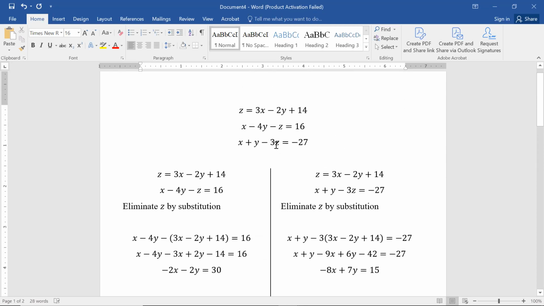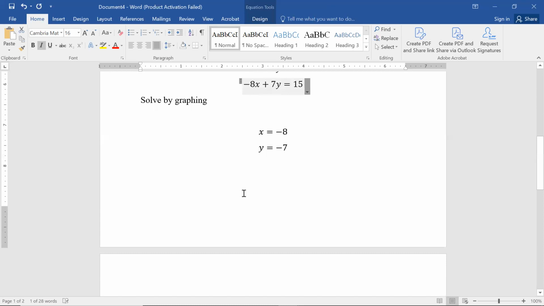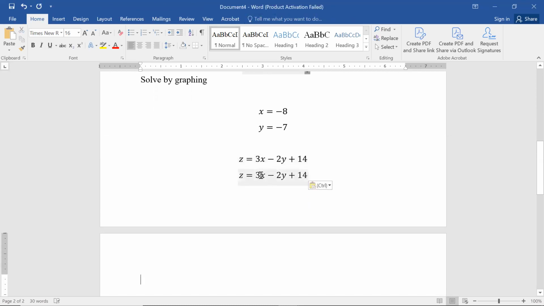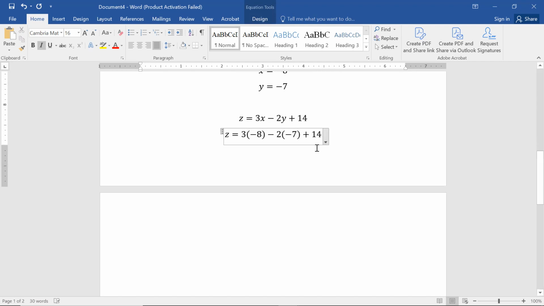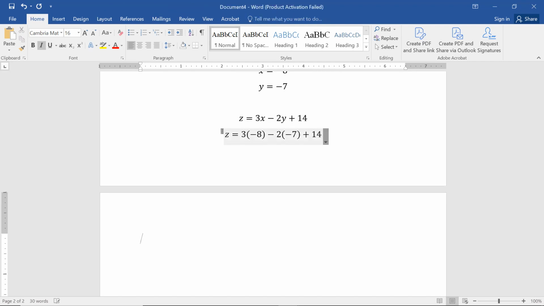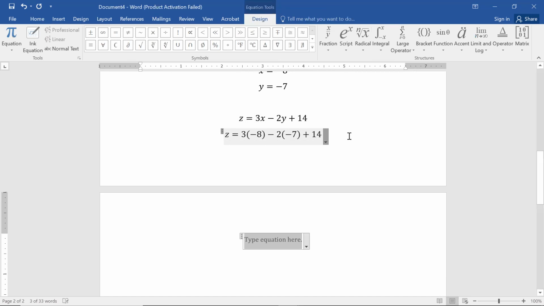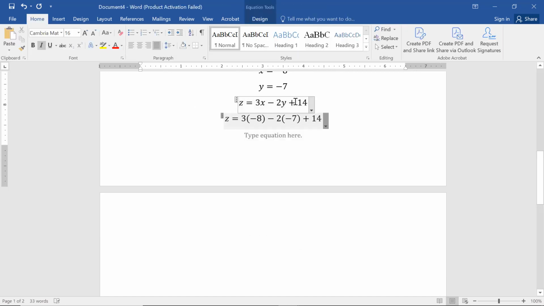Now that I have that, I need to figure out what the z value is as well. Since I have this equation already solved for z, I might as well utilize it. Plug in a -8 for your x and a -7 for your y. On the right-hand side, you're going to get a number.